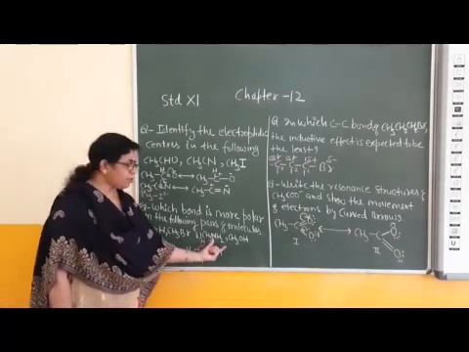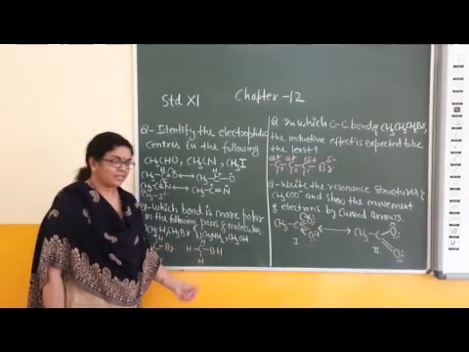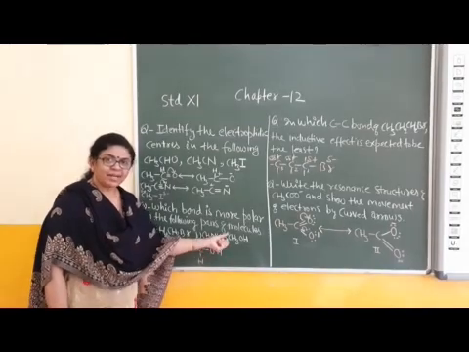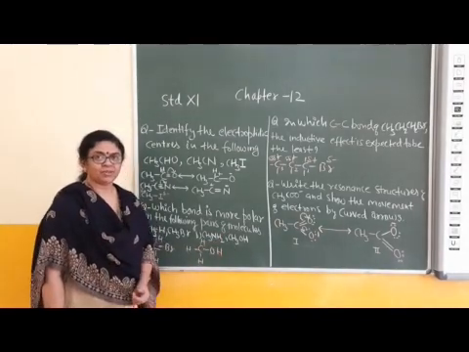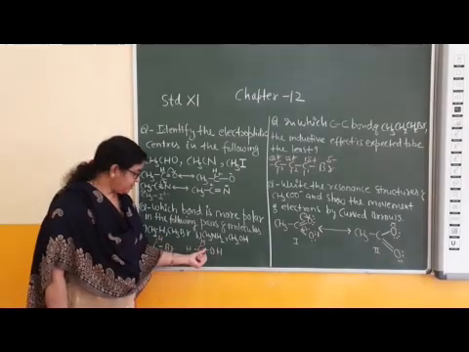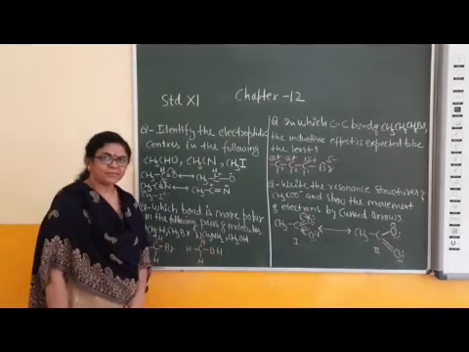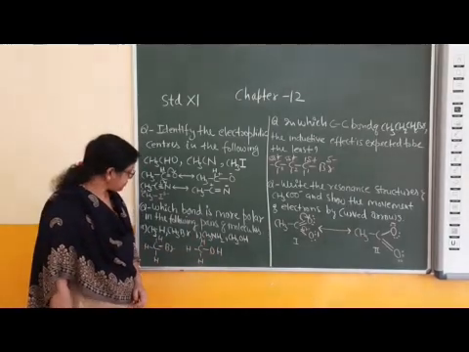In the second pair of molecules, NH2 group is present, alcoholic group is present. In N and O, which atom is more electronegative? Oxygen, right? And then this C-O bond is more polar than C-N bond. Okay, children?